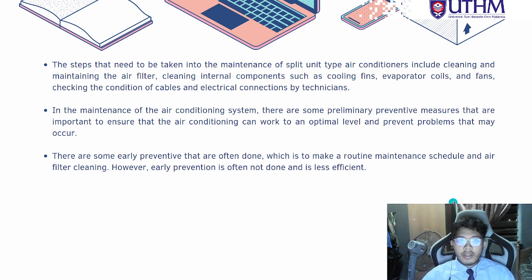In the maintenance of the air conditioning system, there are some preliminary preventive measures that are important to ensure that the air conditioning can work at an optimal level and prevent problems that may occur.